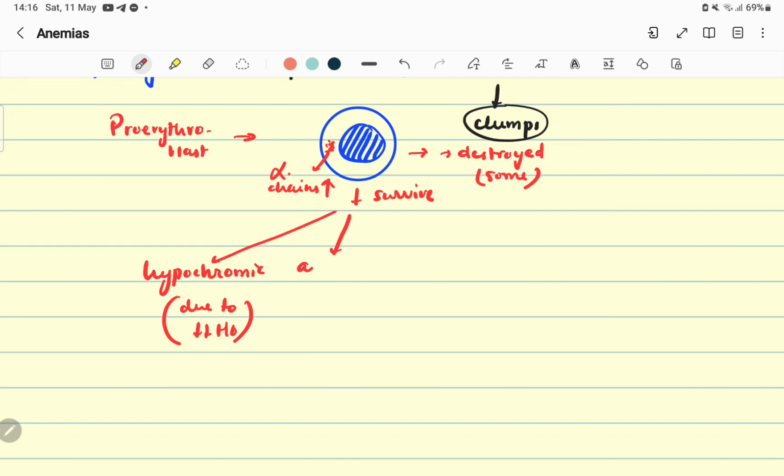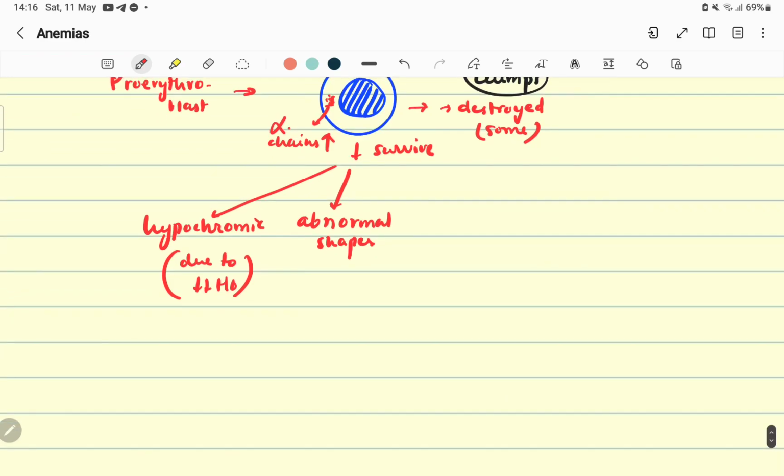Some will have abnormal shapes; some will produce RBCs of different shapes. So we can have poikilocytosis here, a distorted shape.